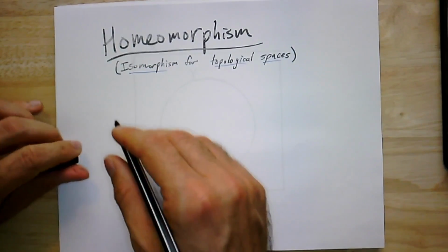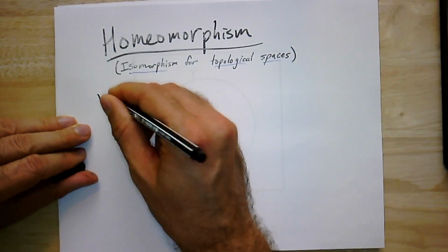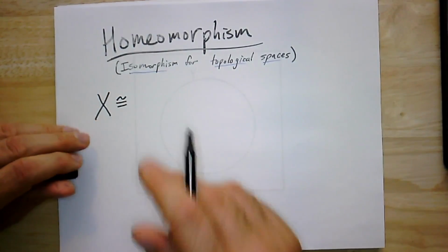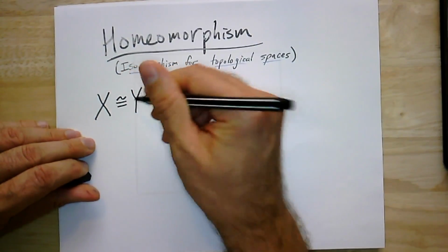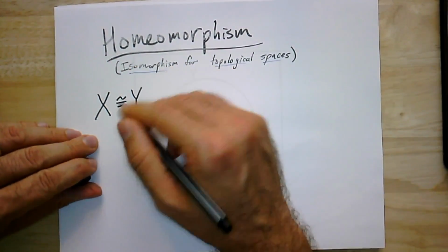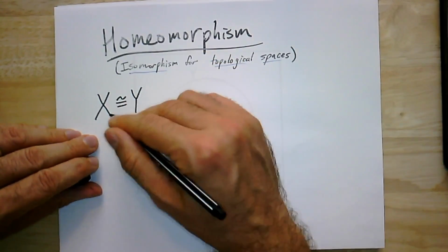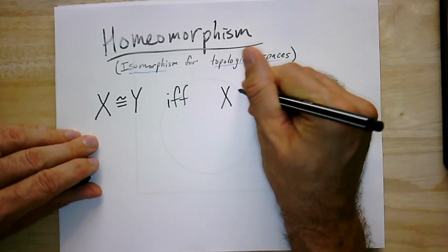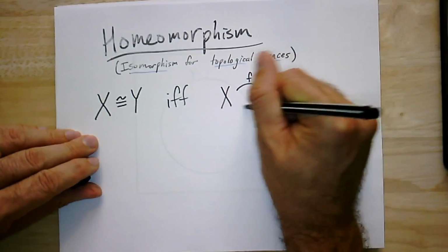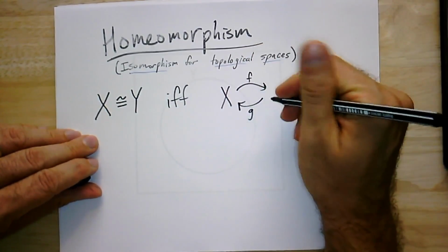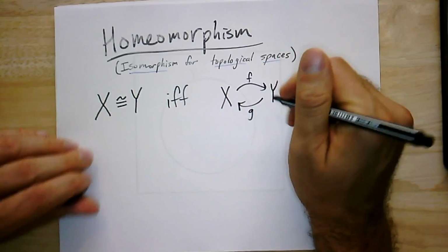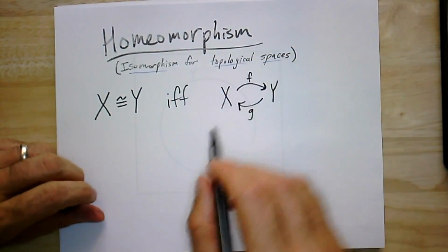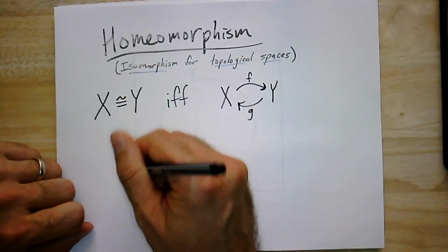The definition is exactly the same as the definition we used for isomorphism of sets and isomorphism of graphs. In this case, two topological spaces, x and y, are isomorphic or homeomorphic, and we'll write it this way, if we have functions f and g. These, of course, have to be continuous functions, because when we talk about functions between topological spaces, we're only ever talking about continuous functions.